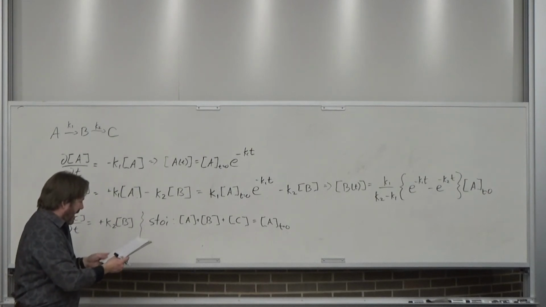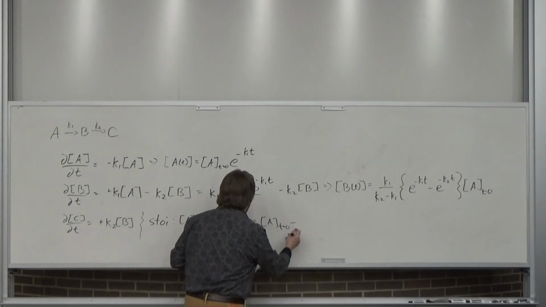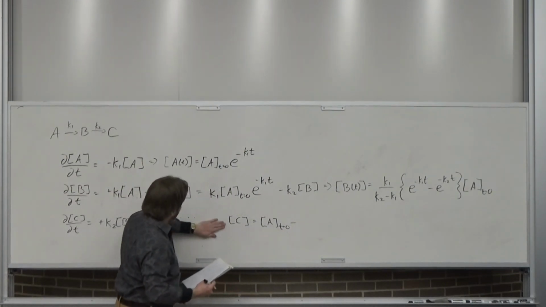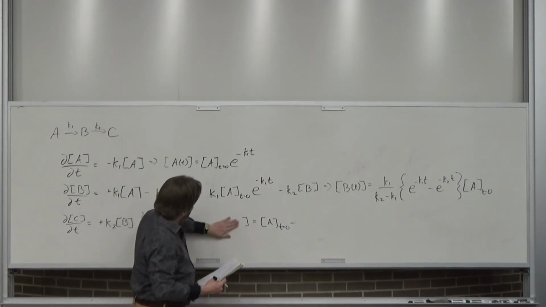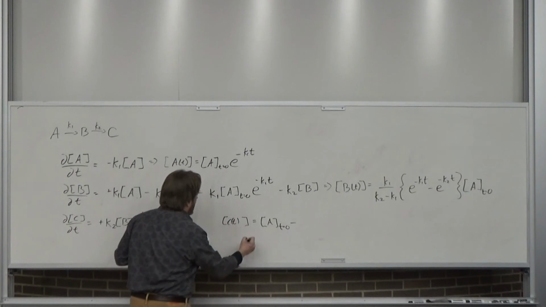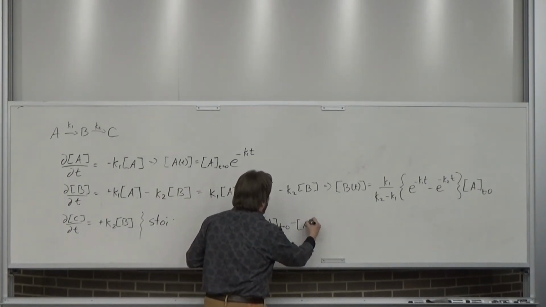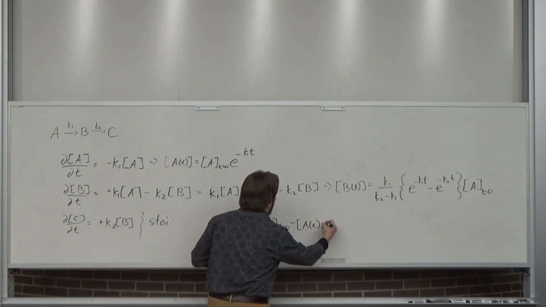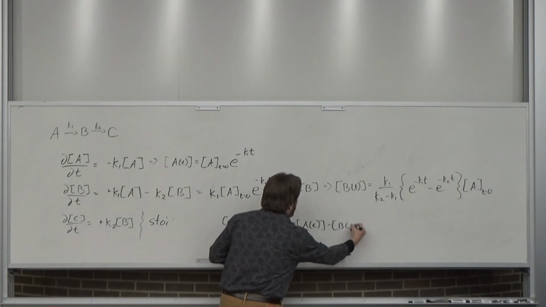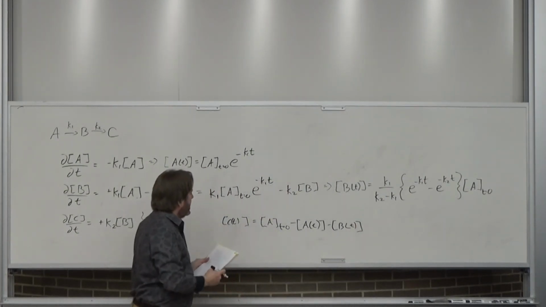Now, if that's the case, then species C, and of course these are all with respect to time. So species C, concentration of C with respect to time is the initial concentration of A minus A as a function of time minus the concentration of B as a function of time. So I'm just saying that there's a trick to this.